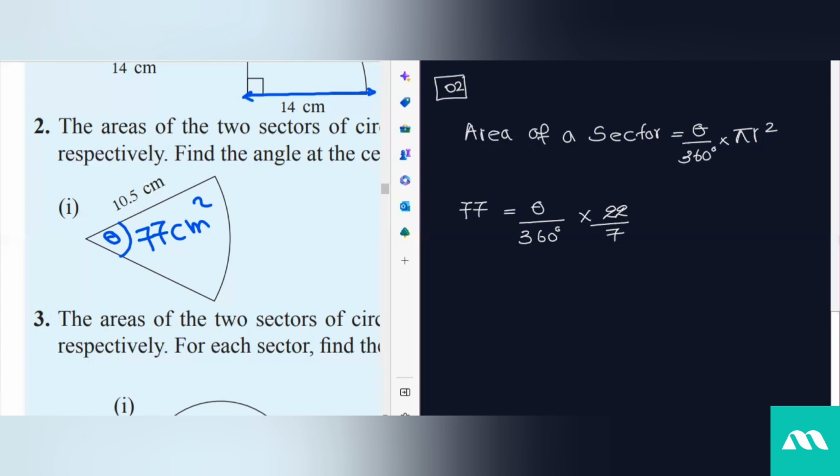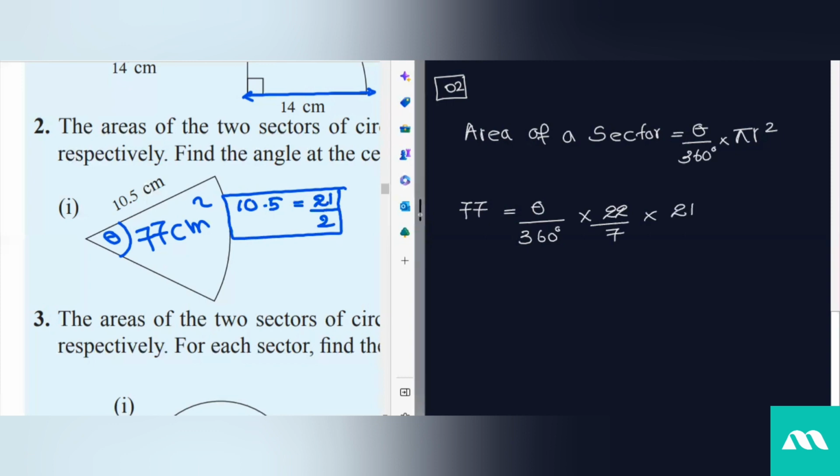R, it is 10.5. 10.5 can be substituted by 21 upon 2. It is because it makes our calculation easy. 21 upon 2, 21 upon 2, because we have to substitute r 2 times.